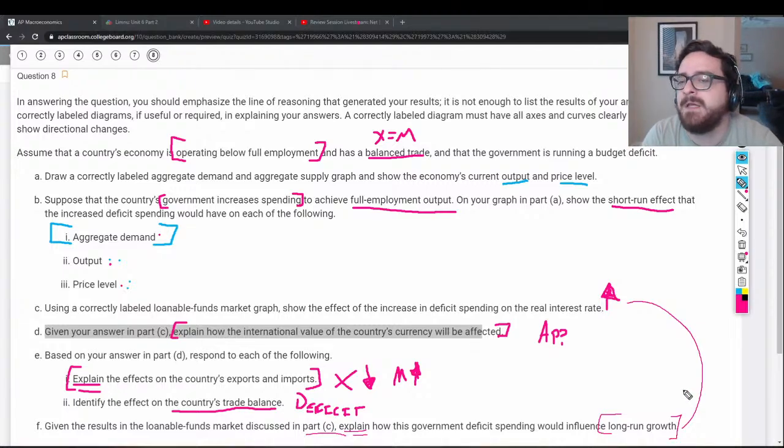Unit 5. Long-run growth, economic growth, is tied to capital. It's tied to how many resources you have. Tied to how many tools, technology, machinery, the good stuff, the stuff that sticks around that you've got in your economy. Remember, investment spending, the spending done by businesses, is two things. One, it's mostly on capital goods.